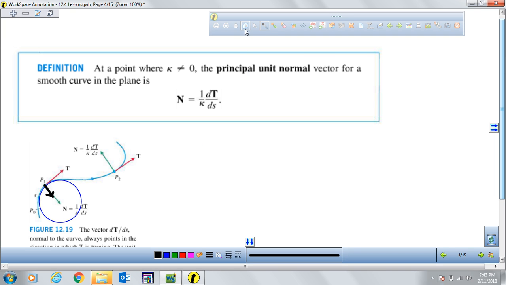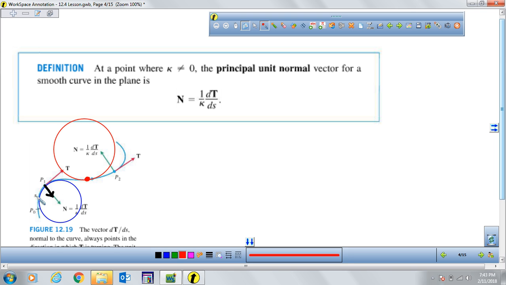Now, something I mentioned to you is that the circle of curvature is going to vary depending on which point on the curve you're located. So for example, let's say I am located at this point on the curve. You see that at that point, the circle of curvature is way bigger. The graph is curving less at this point than at this point. Right here, the curvature is greater than the curvature at this point.